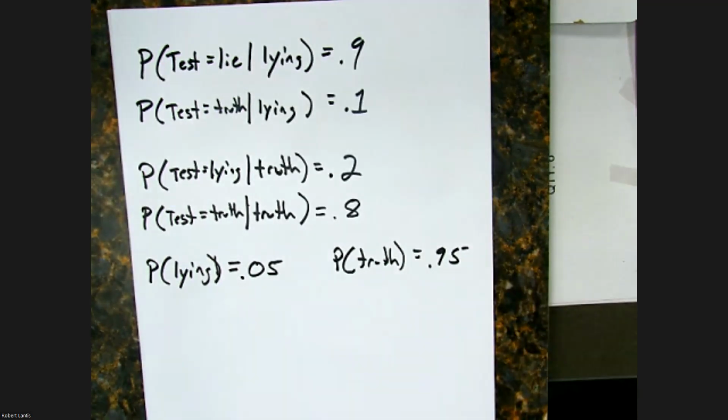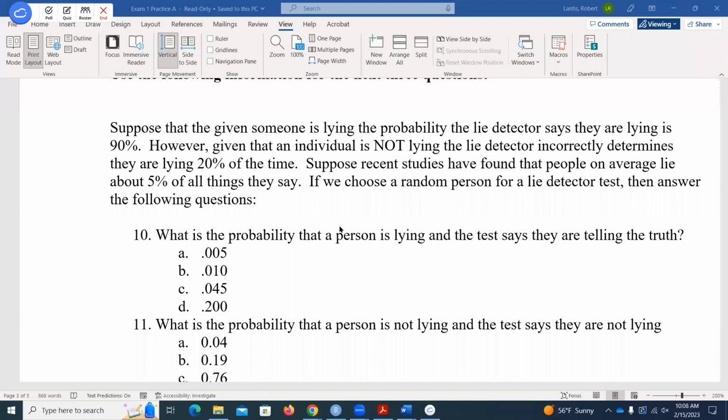Those two states of nature, we said they're complements. I'm either lying or I'm not, so those two probabilities should add up to 1 as well. So this is anything I could ever need. I could answer any question regarding Bayes' theorem now. So I've got these 6 probabilities. We'll work through the next couple problems and reference those.